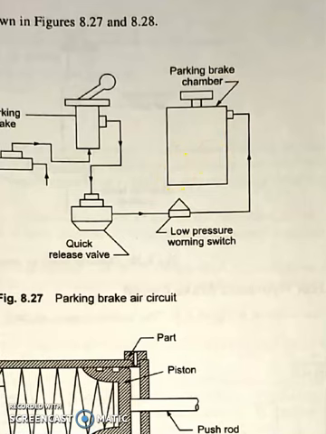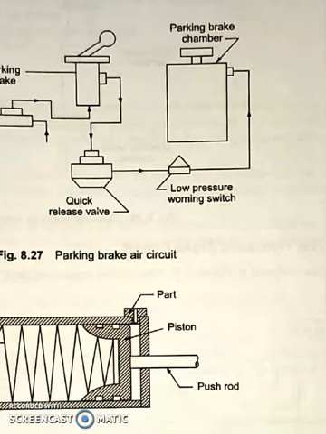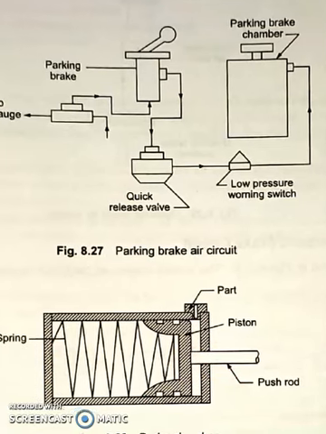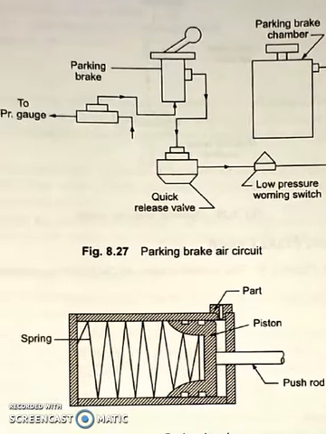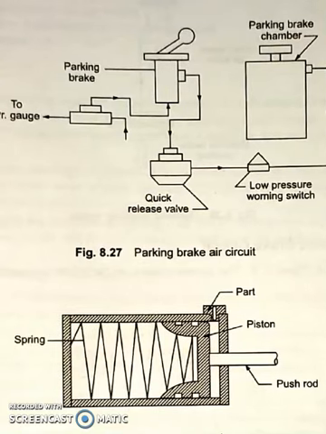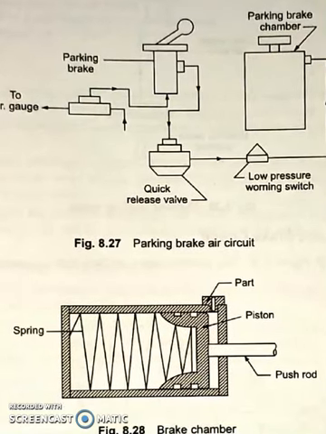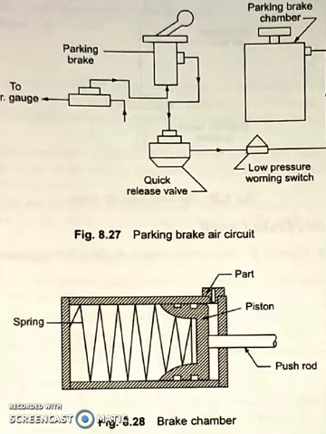Come to the next one, that is the parking brake air circuit. The figure of the parking brake air circuit is here. It consists of parking brake valve, quick release valve, parking brake chamber, and low pressure warning switch.